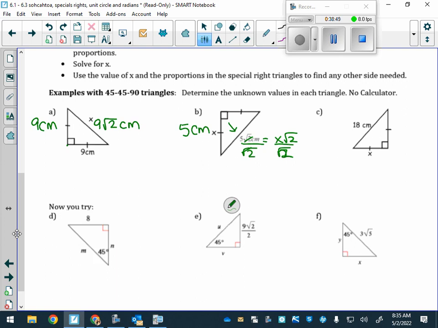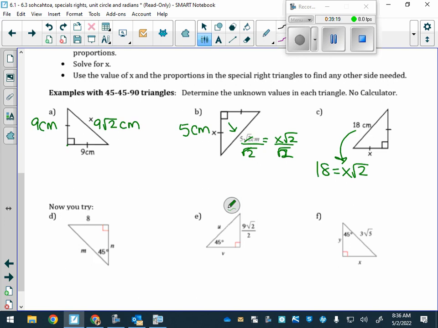All right. Now if we look at C, we're given a whole number now. We have to find the missing side length. So since we are given our hypotenuse of 18 centimeters for 45, 45, 90, what does our hypotenuse equal? What's that measurement? Yeah. Good. So to find our missing side length, 18 equals X root 2.